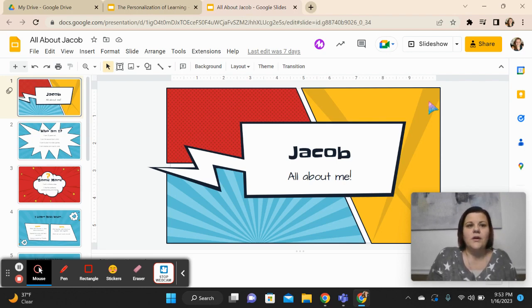Maybe you want to have them put in a picture of themselves in each grade. You can put some frames on one of the templates and allow them to put in their school photo into each grade. And then as they go, they just add a new photo and they change the information about themselves.